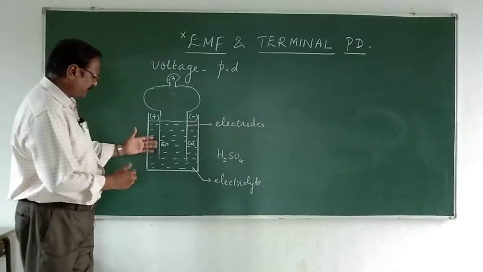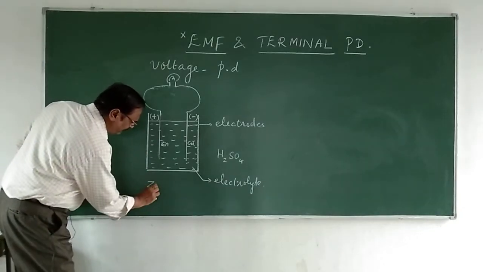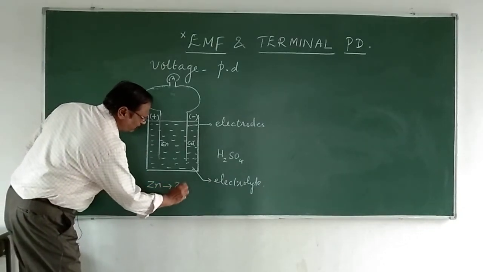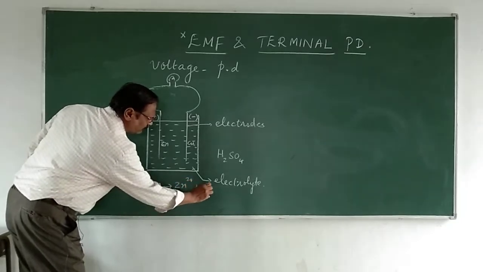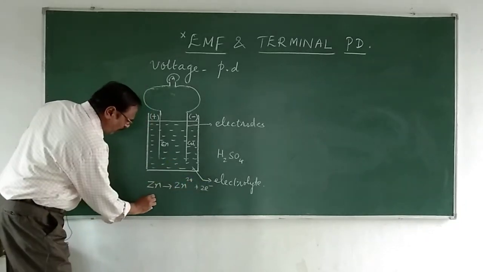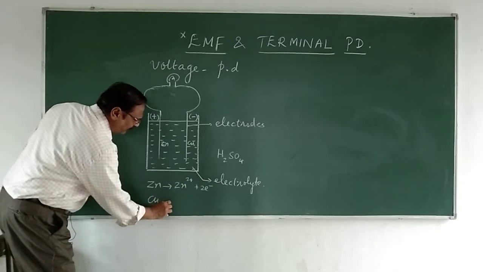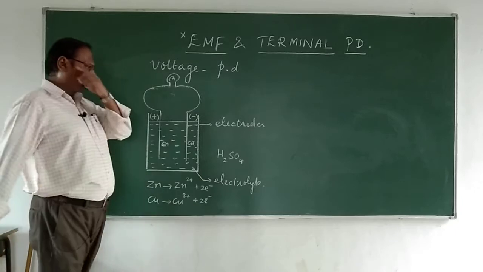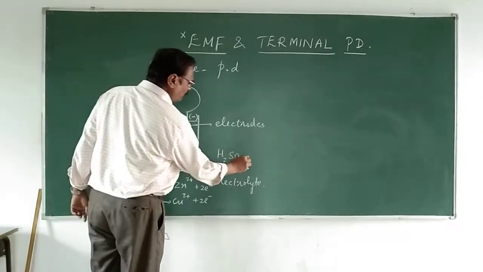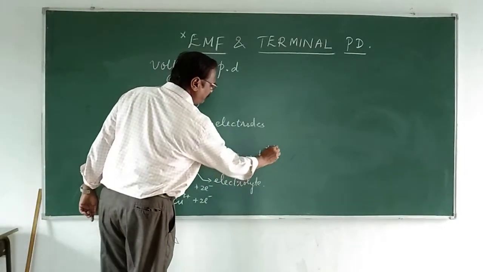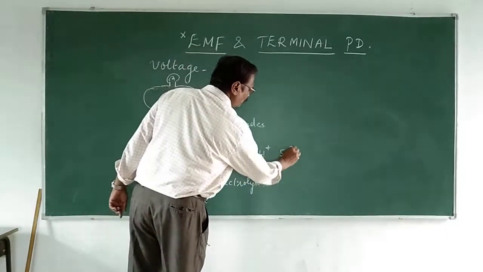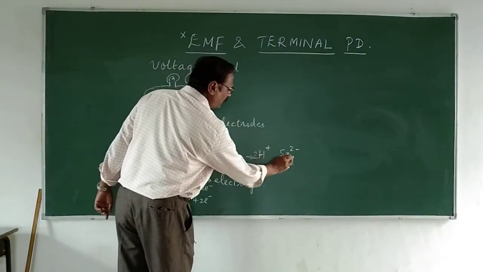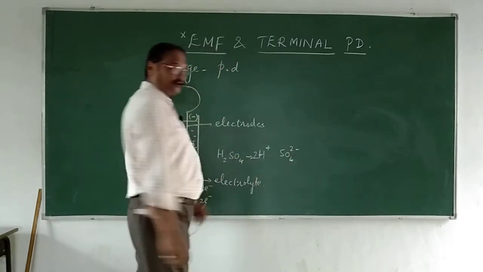What will happen basically? Zinc will break into Zn2+ and 2 electrons, and copper can also break into Cu2+ with 2 electrons. H2SO4 can break into H+ and SO4 2-. These are all nothing but ions.